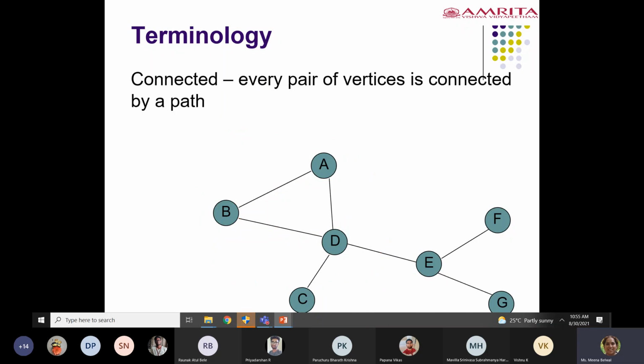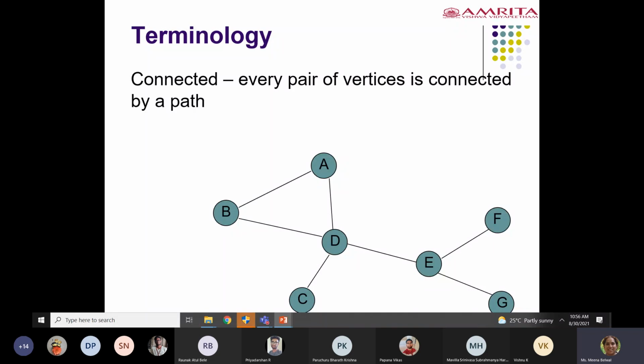Now, what is the meaning of a connected graph? A graph is connected when every pair of vertices is connected by a path. That means I am able to reach from a vertex to any other vertex. You must be thinking that we always deal with connected graphs, and in most problems in computer science, the graph is connected.